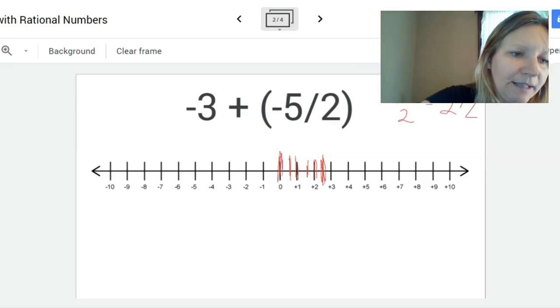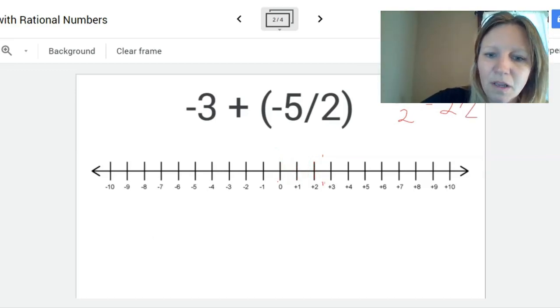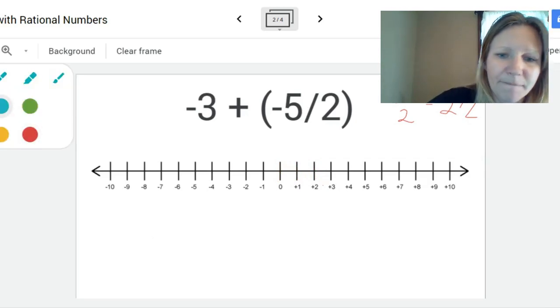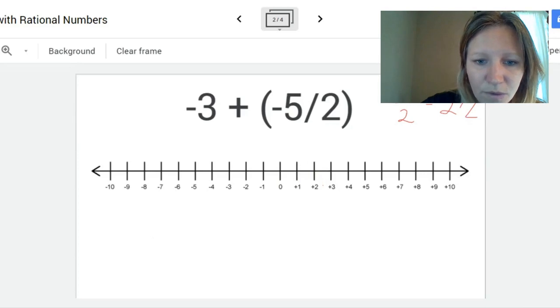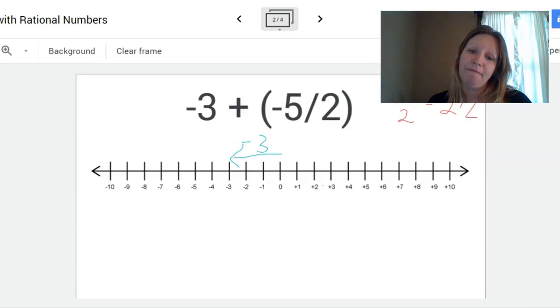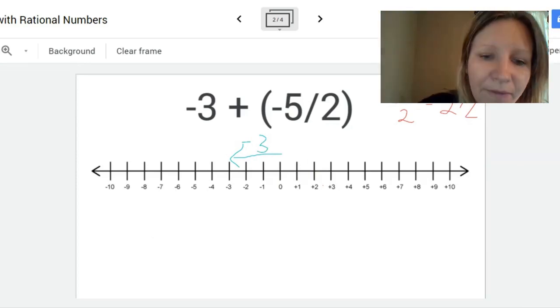Okay, so let's take a look at this problem. We're going to go left 3, starting at 0, to -3. Then we're going to add -5 halves to that. So let's count the halves. This is going to be 1/2, 2 halves, right on that -4, 3 halves, 4 halves, right on the -5, 5 halves.